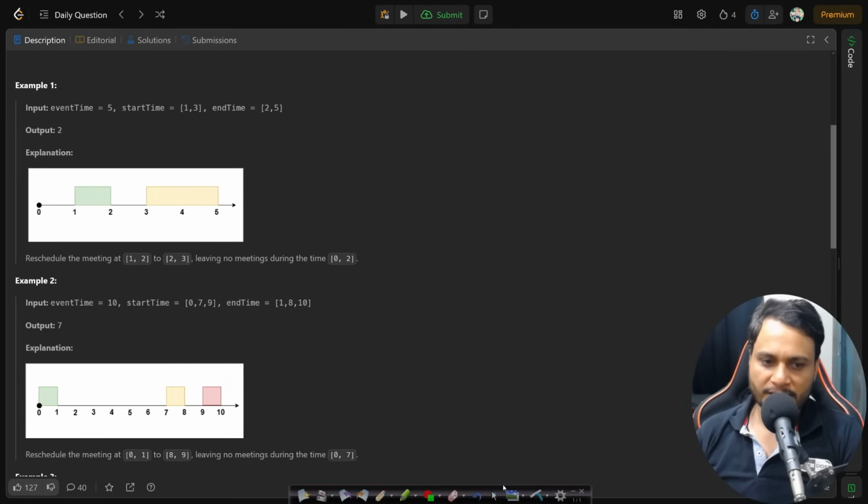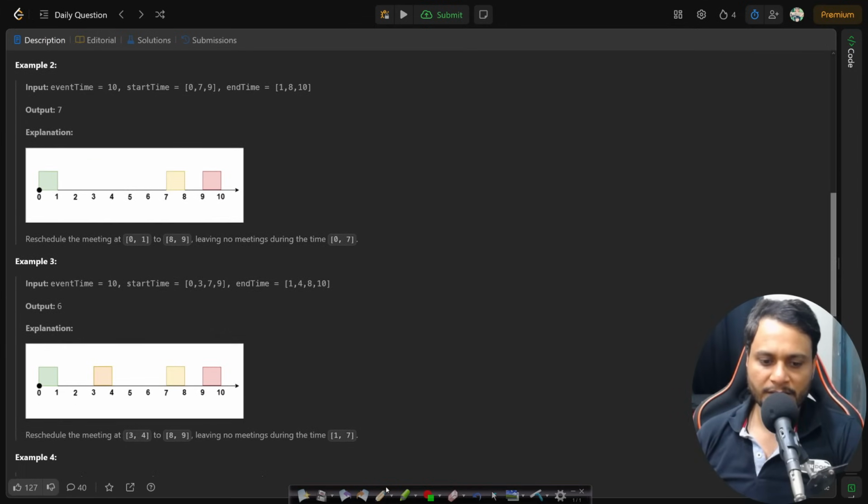Now if you look at the second example, in this case the diagram is already given, and if you try to consider the two slots which are mentioned, S1 and S2, because on the right hand side of 10 there is no space since the event time is 10. You can try to place this meeting A in slot S1.